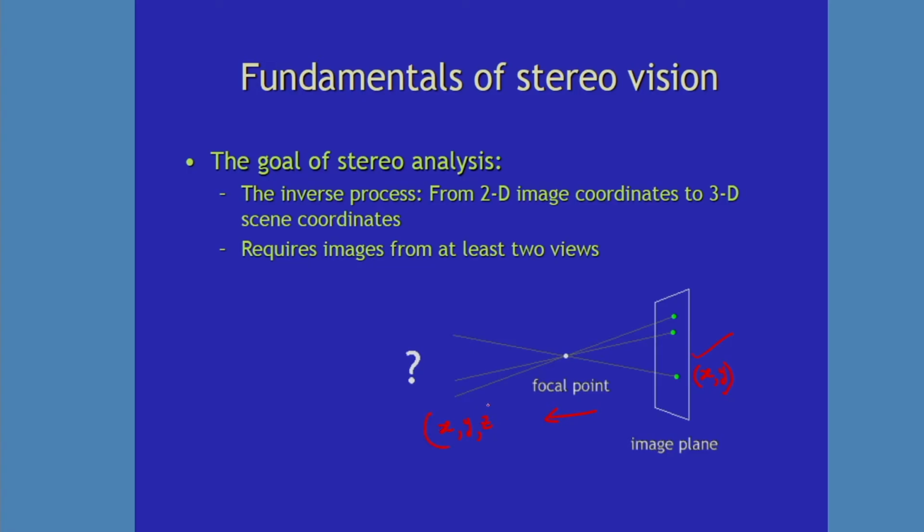I have to determine this. This is the objective of stereo analysis. From the 2D image coordinates I have to get the 3D scene coordinates, and for this depth estimation I need a minimum of 2 images.